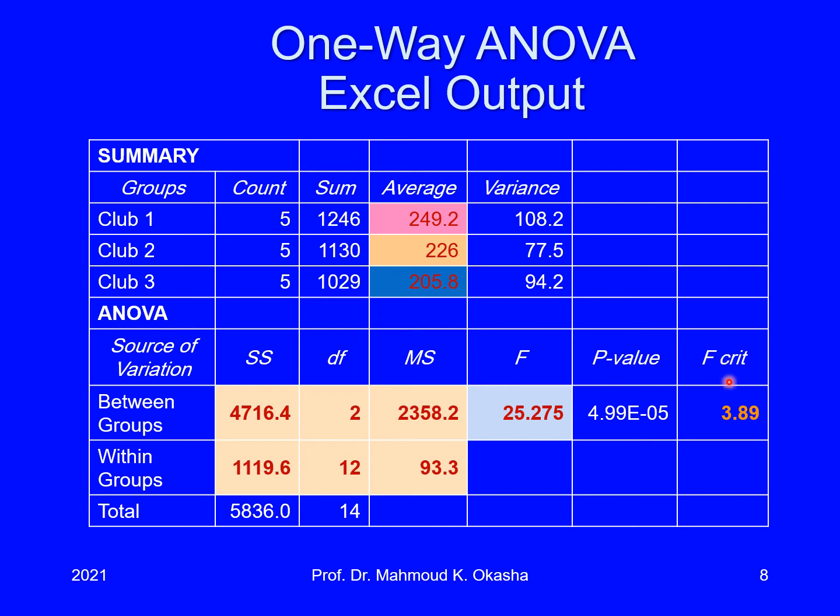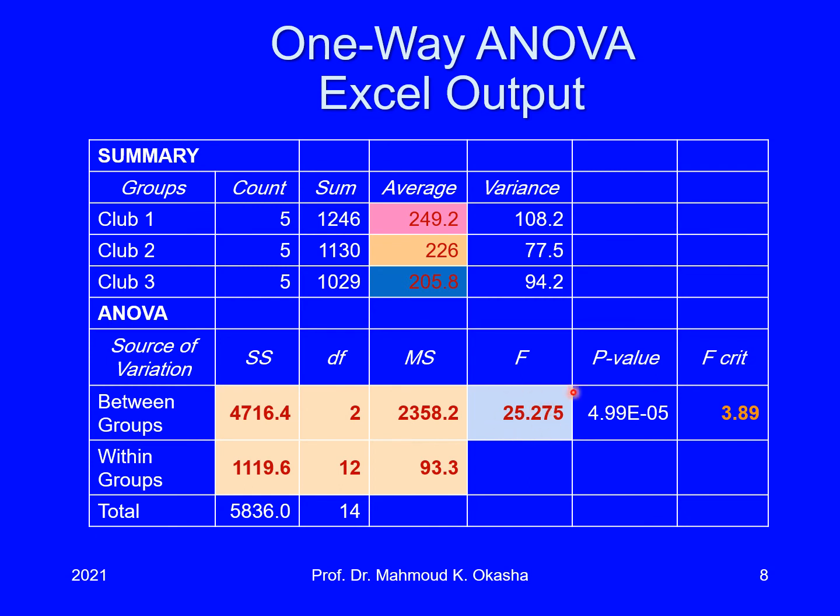If you use Excel, you do not need to look at the table. Excel will give you the critical value, the computed value, and also the p-value, which you will never be able to compute by hand. Only on computers can you calculate the p-value for the F statistic.